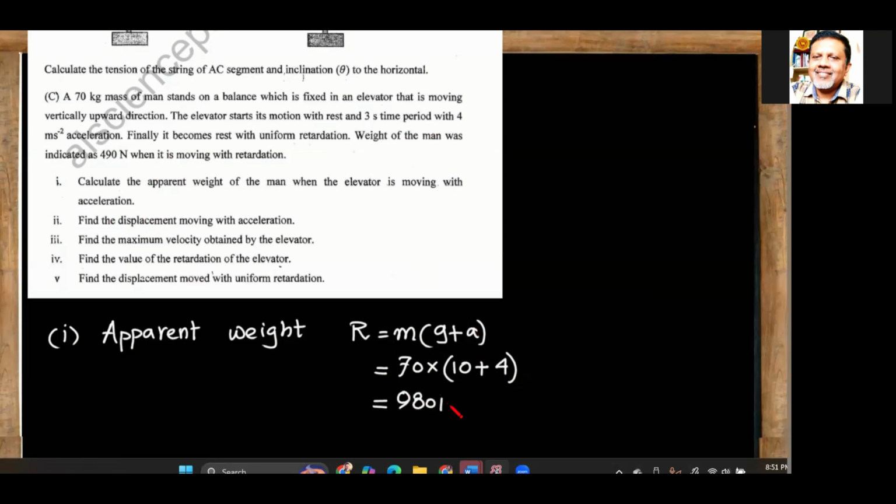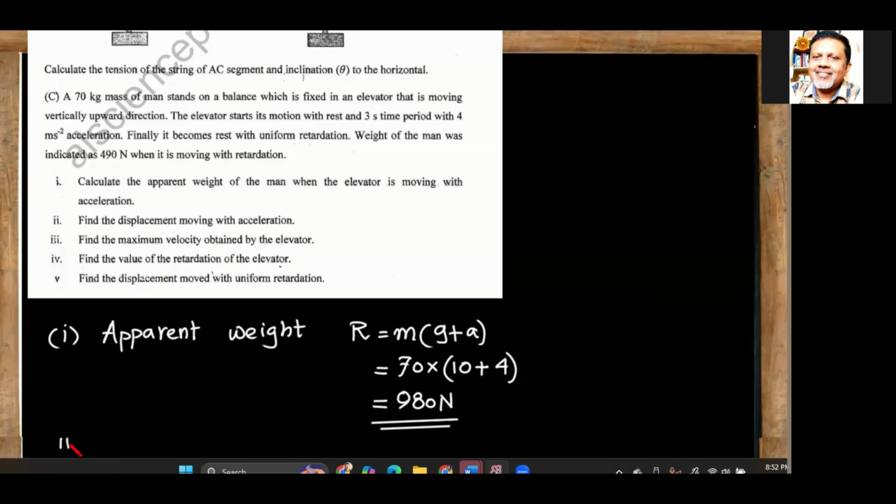So this is the apparent weight. But because the mass is 70, the real weight when the person is at rest should be 700. But the reading gives us something like 980 when it is accelerating.